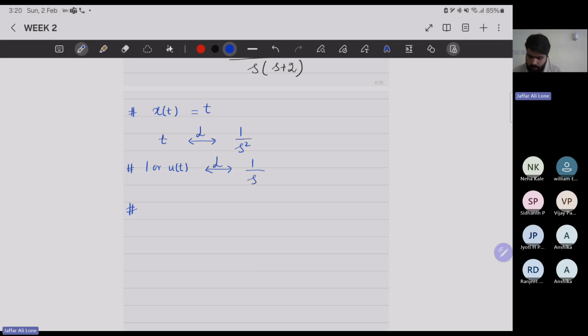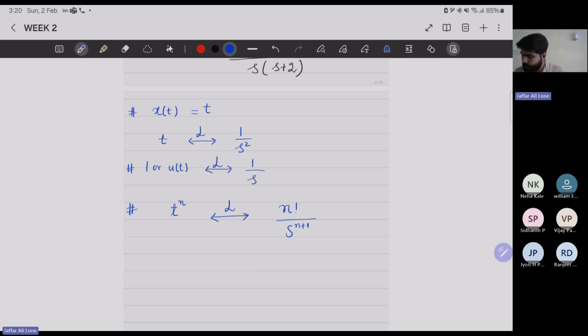Similarly, you can generalize it: if we have t raised to the power n, you can find its Laplace transform as n factorial divided by s to the power n plus 1. So this is the Laplace transform of t raised to the power n.